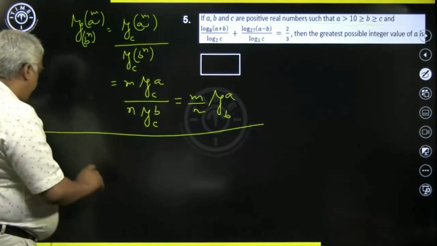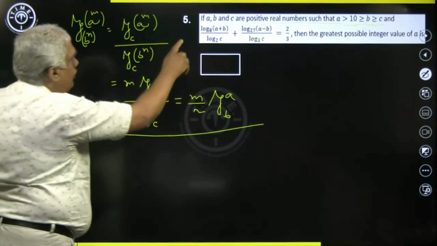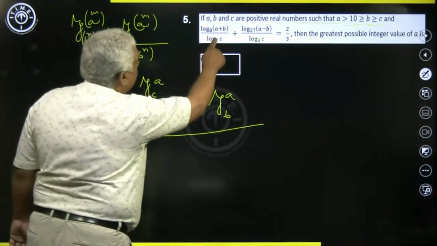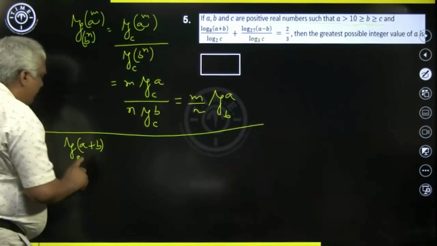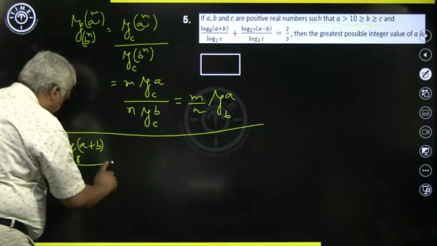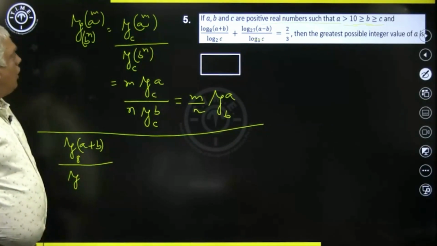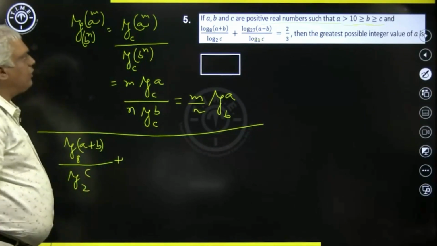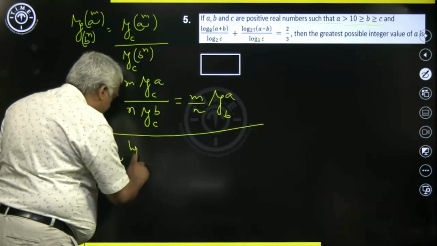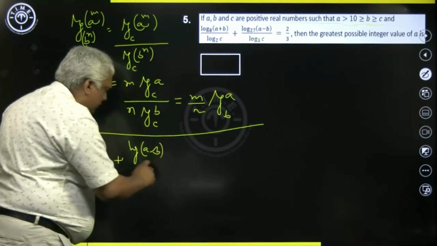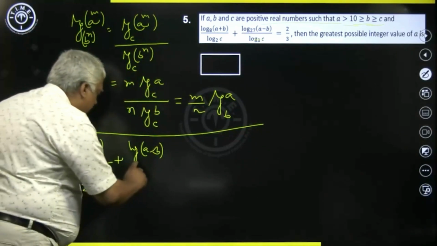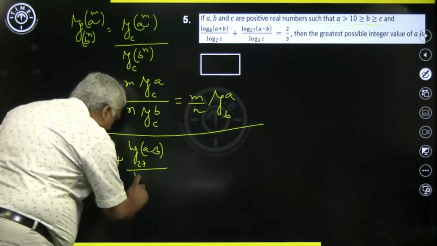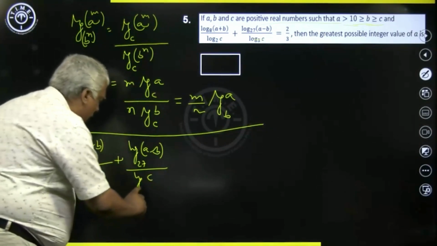Now, in this question, it is log of a plus b to the base 8 divided by log of c to the base 2 plus log of a minus b to the base 27 divided by log of c to the base 3.